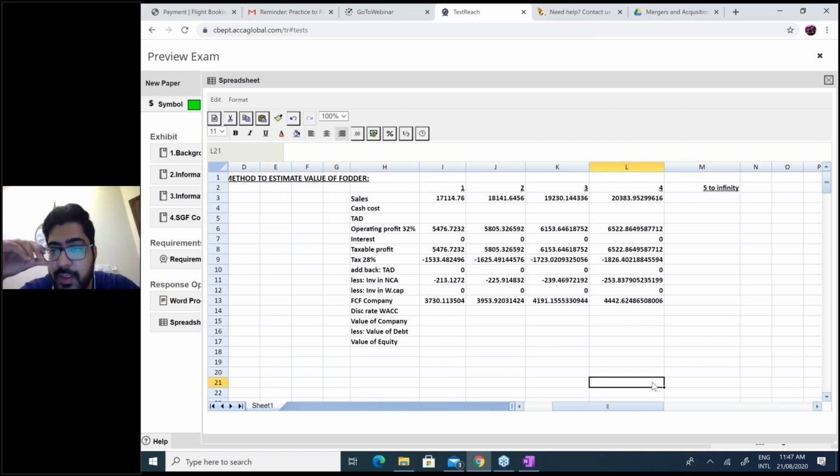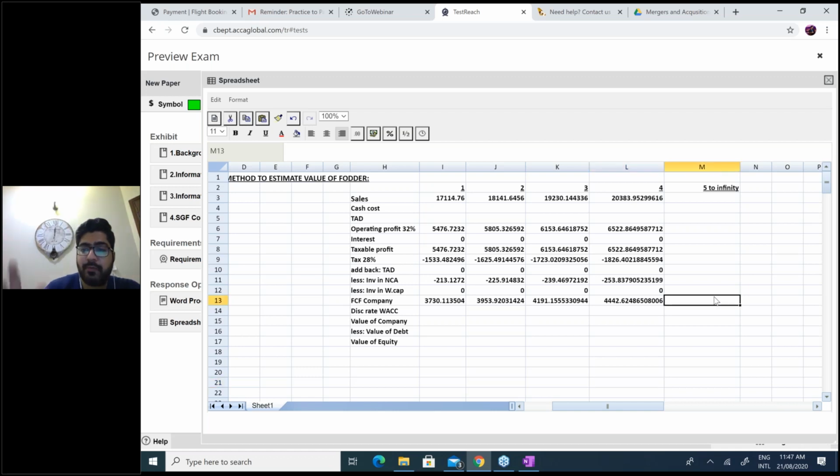From 5 to infinity, the question stated the growth rate of free cash flow will be half, 3%. Had it told me revenue, I would have made it revenue. The growth rate of FCF, where is FCF? In L13, will be half, 3% for the foreseeable future. So I made it 3% for the foreseeable future, the growth rate of FCF.